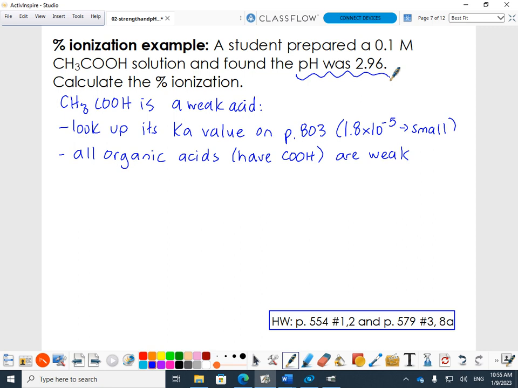It's definitely on the acidic side of things. However, it is not very acidic. So when you have a pH that's low but not super low, that's another way you could tell that it's a weak acid. Or like I said, I'm not out to trick you. If you're asked to calculate percent ionization or you're given percent ionization, the substance is weak.